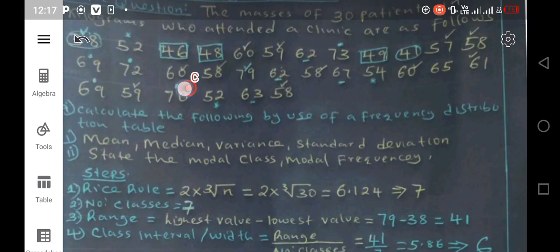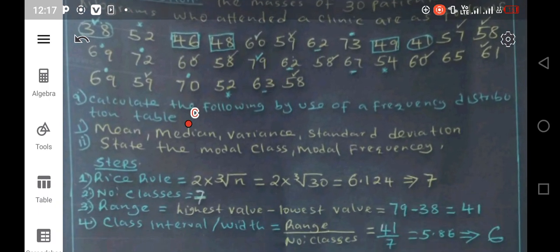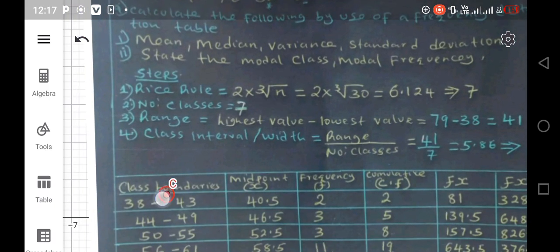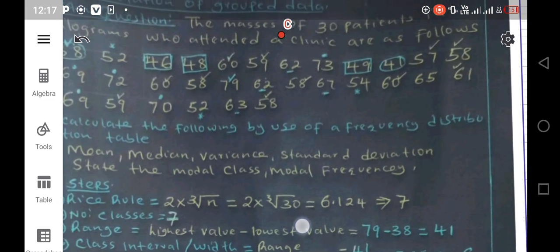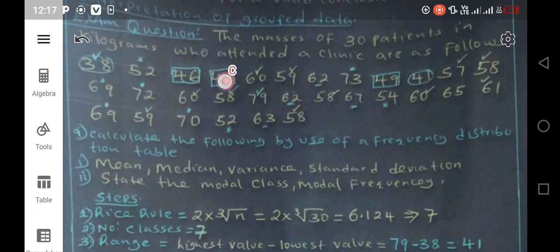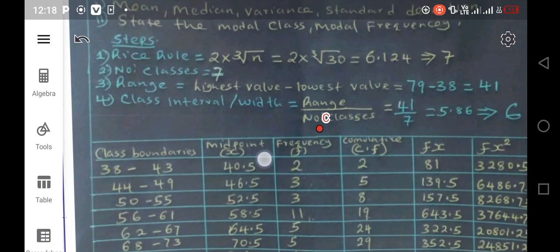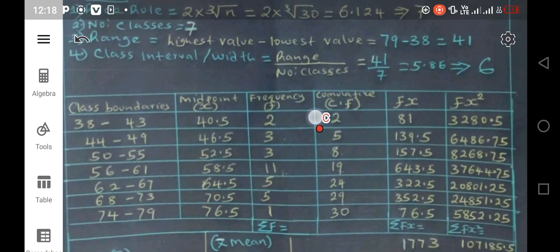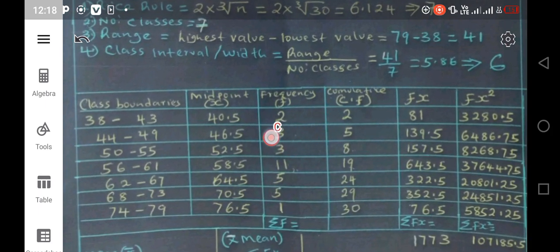We have realized that the numbers themselves from this particular range or interval 44 to 49 are also included: 46, 48, and we have what? 49. 49 is also included in that particular point. So you can go and do all the vice versa. You can look for those numbers in that particular sample size, and then record their frequency as we have seen in that particular table.